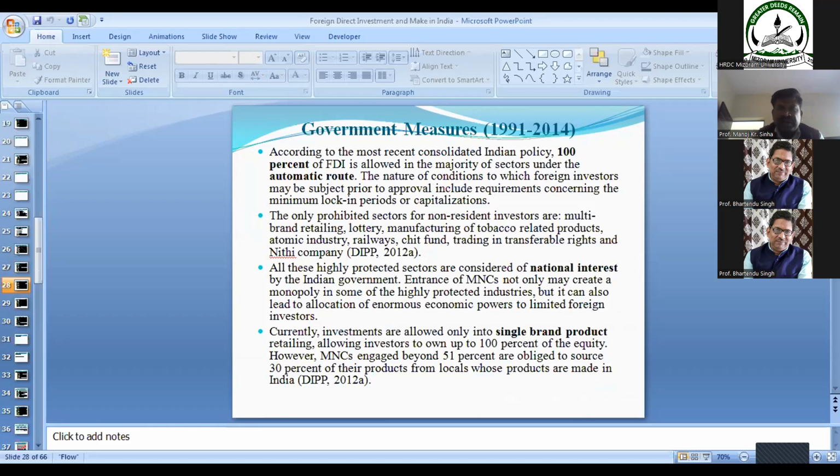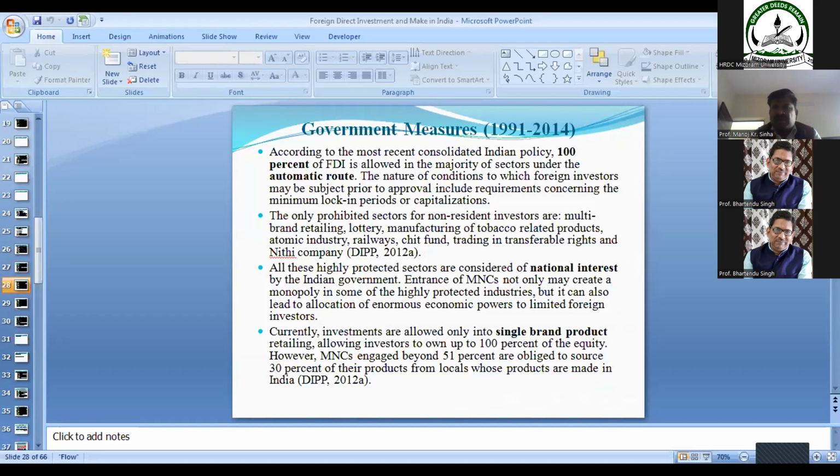Now the FDI policy: over a period of time, the quantity of investment allowed has increased from 51% up to 100% FDI in India, and most of the sectors are offered under the automatic route. There are 2 routes of investment in India. One is the automatic route, another is the approval route.